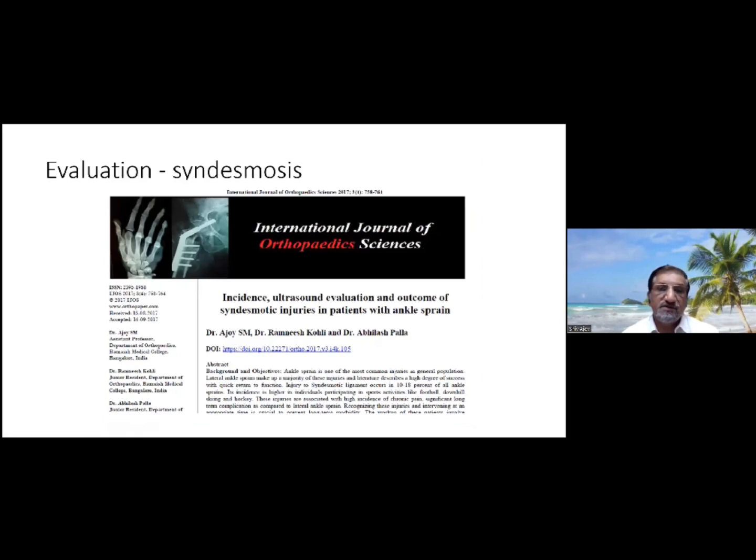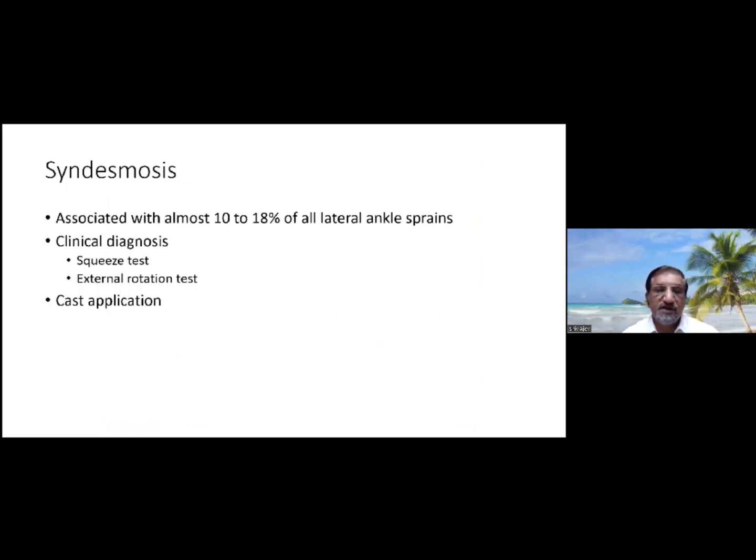Associated evaluation of the syndesmosis is always required, and he was already stressing about it. So syndesmotic injuries, if they are present, require some amount of rigid immobilization for some duration of time, maybe about 3 weeks. But later on, the patients are reassessed again, and if the clinical tests turn out to be negative, then the patient goes on to a functional rehabilitation.